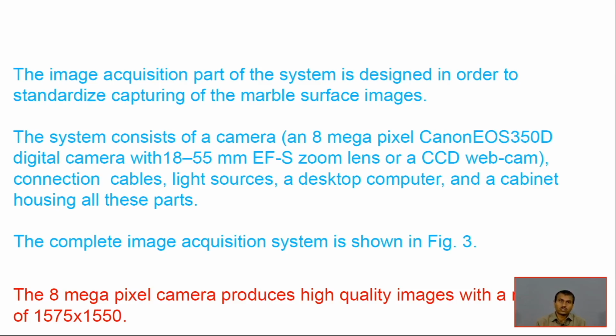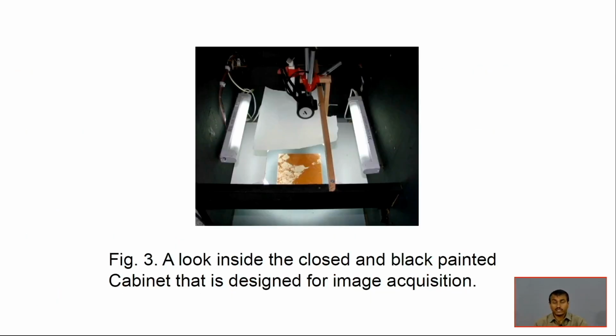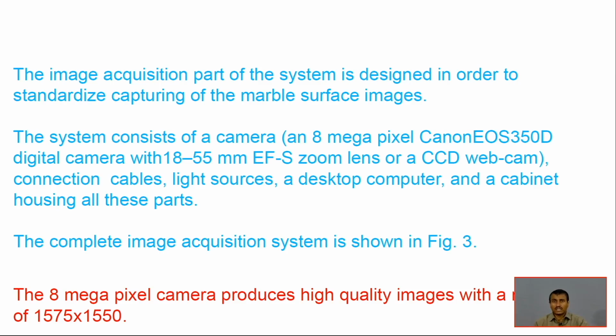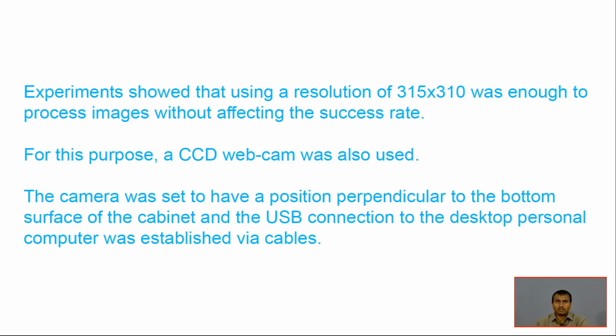The light source and the lighting condition are also under control of the whole setup. A desktop computer is fitted in the system, along with a cabinet housing all these parts. It is a very small system, and this 8 megapixel camera produces a resolution in the range of 1575 into 1550, these being the pixel rows and columns.